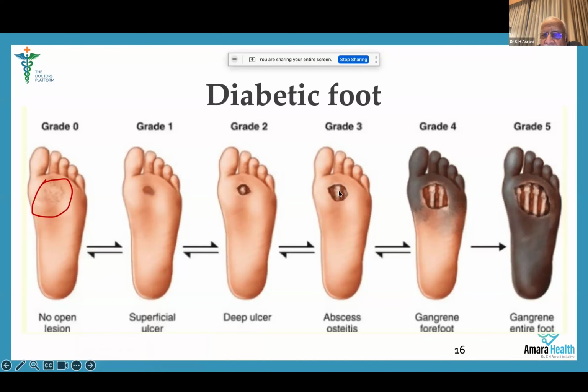You can see the metacarpal there. Then forefoot gangrene has occurred. The ulcer has become so big and this entire foot has become gangrenous. And we have to identify grade 0 to grade 2. Grade 3, abscess or osteitis, is very, very difficult to treat.